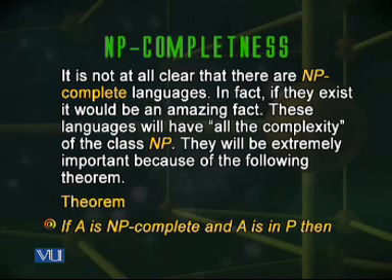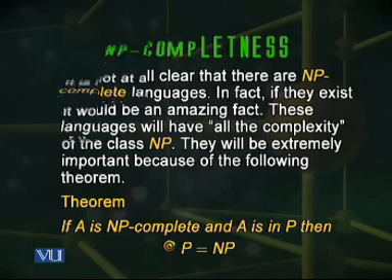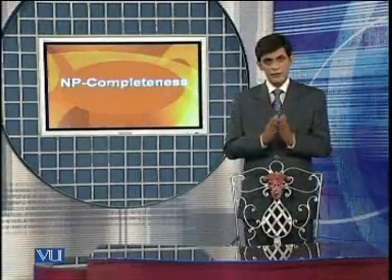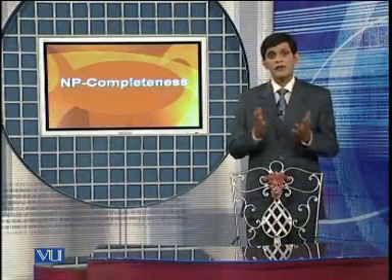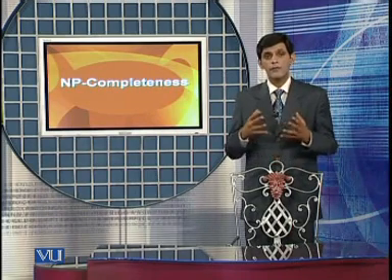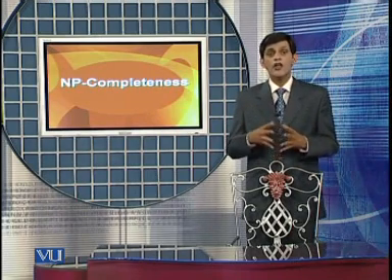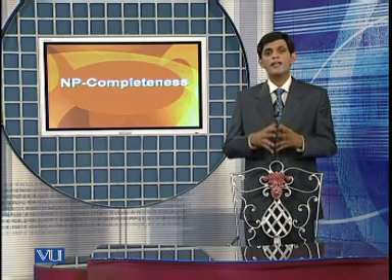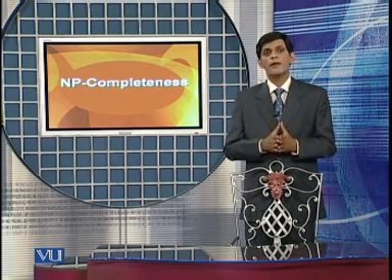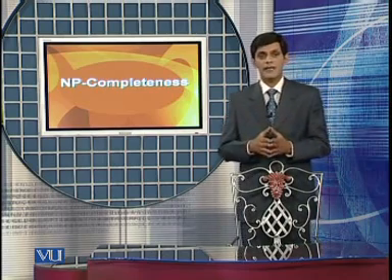This theorem says that if A is NP complete and A is in the class P, then P is equal to NP. So if you take an NP complete problem and you find a polynomial time algorithm for it, you would have found a polynomial time algorithm for all problems in the class NP.